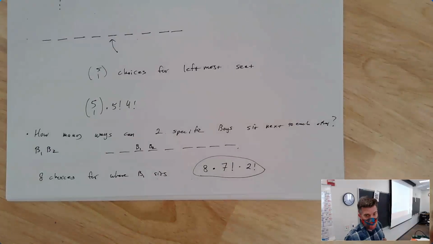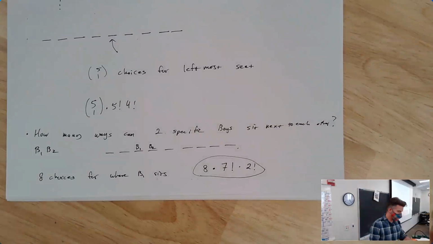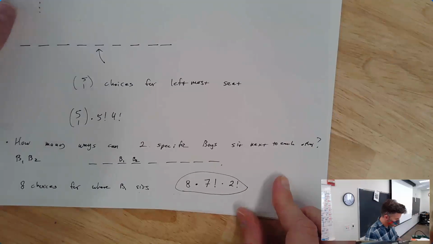Now, things get more interesting if you're sitting at a round table. And actually, that's literally the next question. I'm not just making this up. This is actually where we were going next.